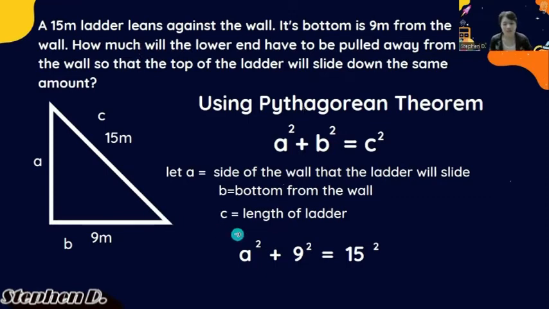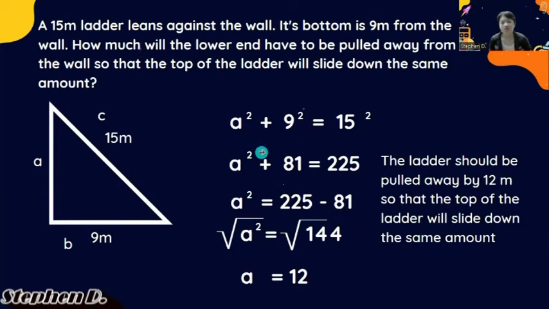If we substitute our values here, we'll get a squared plus 9 squared is equal to 15 squared. Now if we're going to solve this, a squared is still a squared, 9 squared would be 81, and 15 squared would be 225.